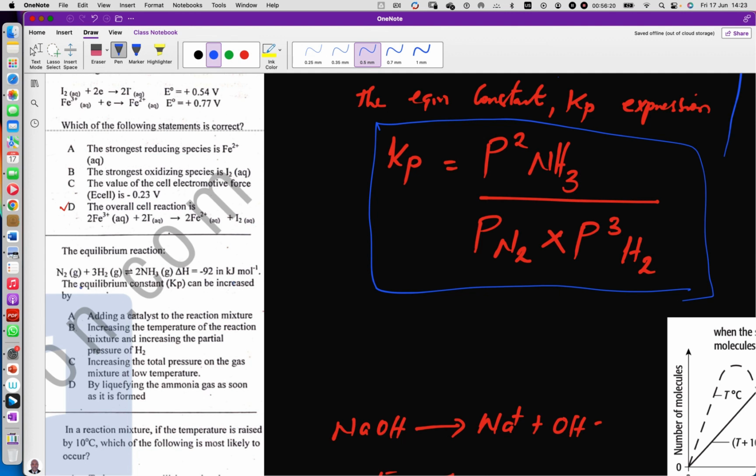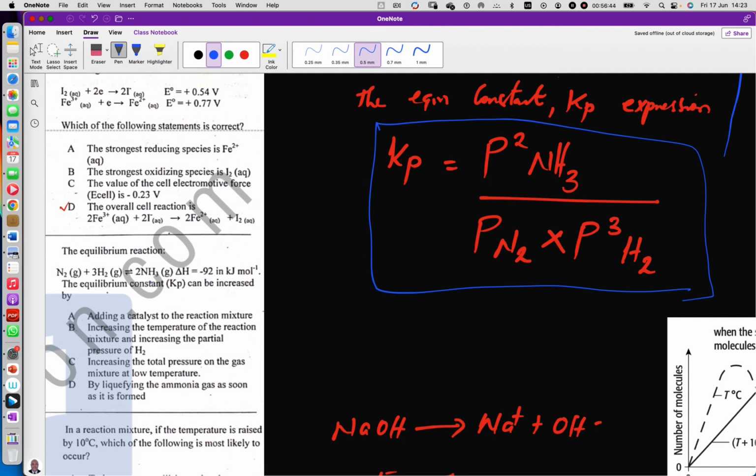So when we increase the pressure, the equilibrium will shift to the direction with the lower number of moles of gas. Between hydrogen and nitrogen on the left and ammonia on the right, the product side, which is ammonia, has a lower number of moles.